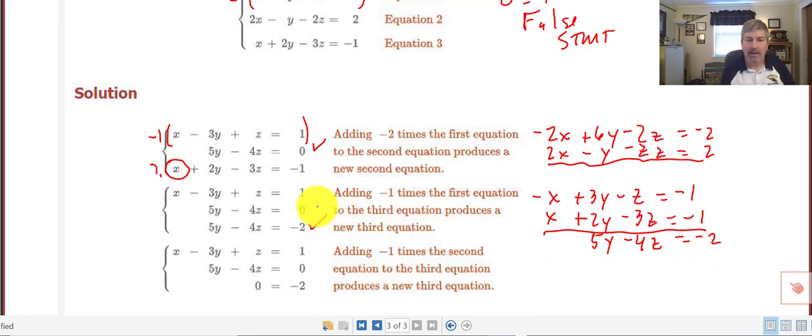Now you may recognize something here: we have two equations that are the same on the left side, but they end up with different values. So that's a pretty big hint that this is not going to work.